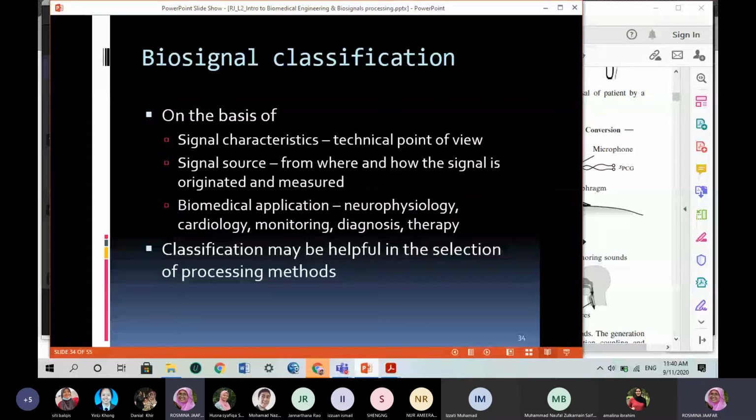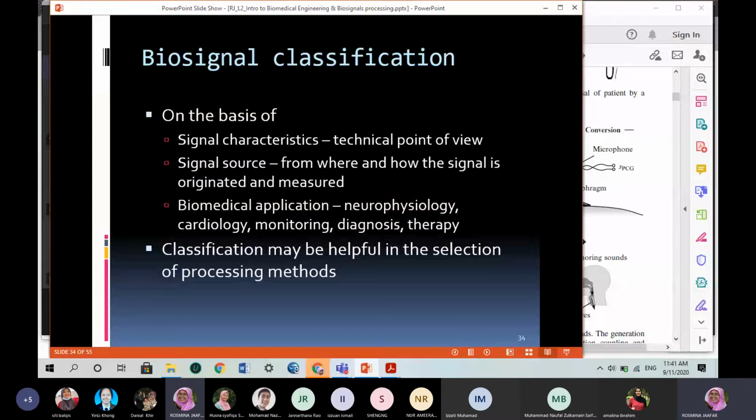Based on application, for example, if it is based on neurophysiology, straight away you know you have to take the EEG signal. If you want to classify a cardiology problem, straight away you will do signal processing on ECG signals, or you can also use PPG signals, because the PPG signal is very correlated with the ECG signals.